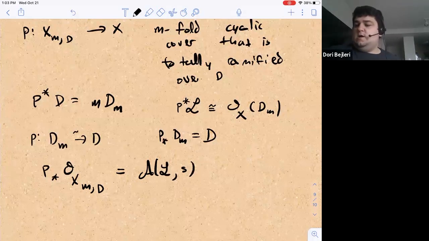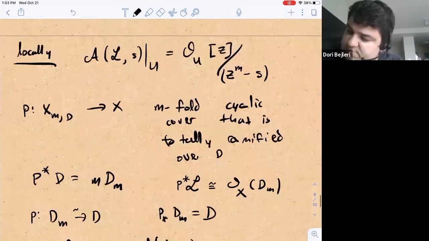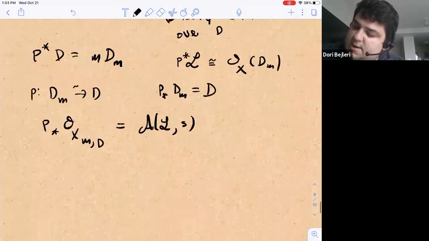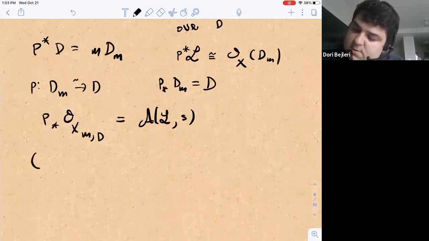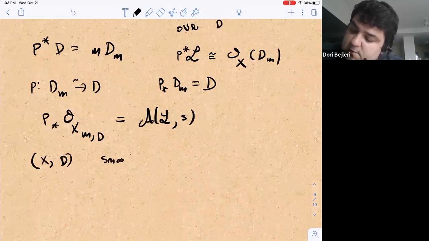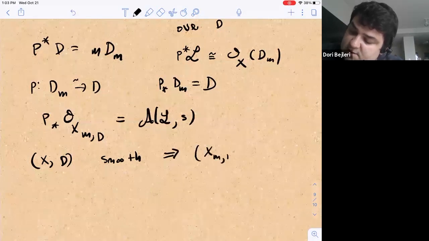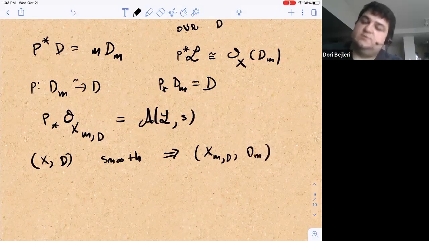Okay. I said finally, but there's actually one more fact, again coming from just looking at this local description. If (X, D) is a smooth pair, so if X is smooth and D is also smooth, then that implies that (X_{M,D}, D_M) is also a smooth pair.